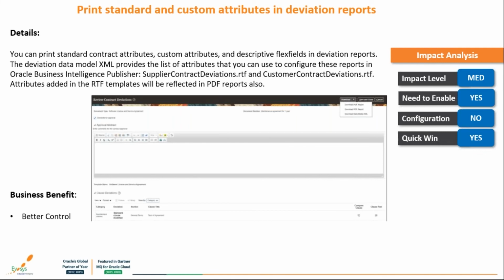In deviation reports, you can print standard contract attributes, custom attributes, and descriptive flex fields. Supplier contract deviations RTF and customer contract deviation RTF are two files in the deviation data model XML that you can use to configure this report in Oracle Business Intelligence Publisher. The business benefit is more information availability.